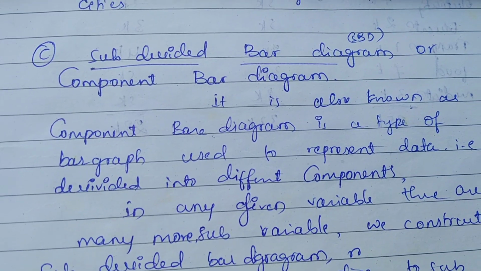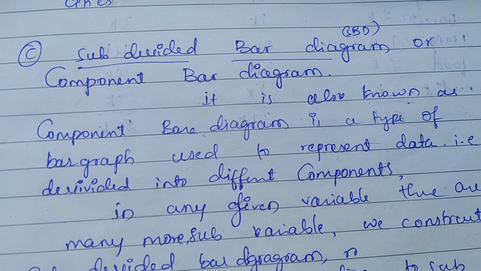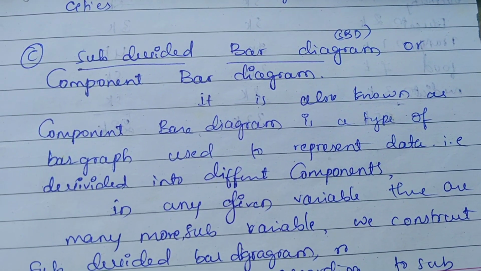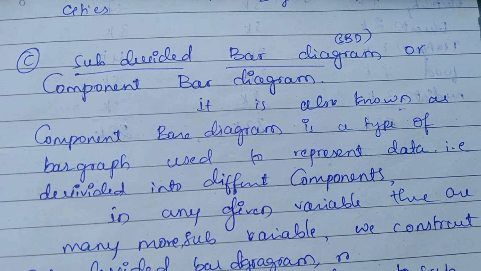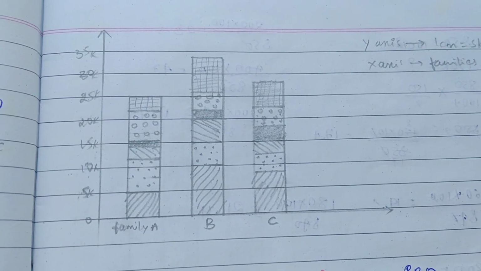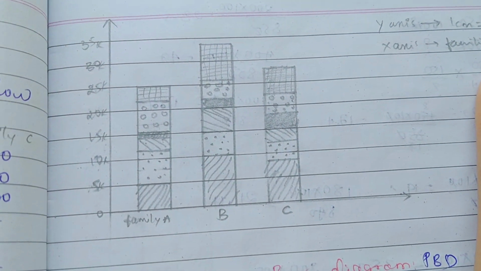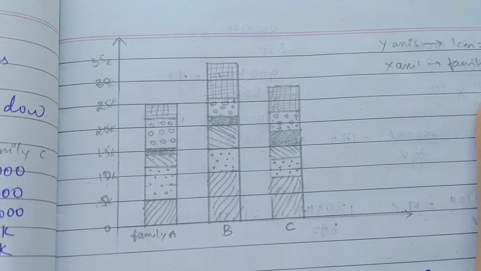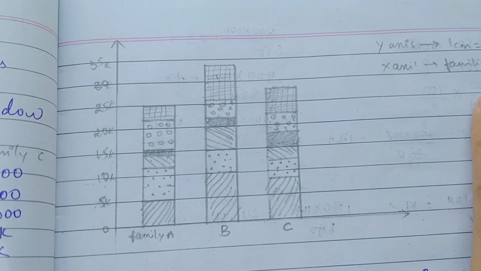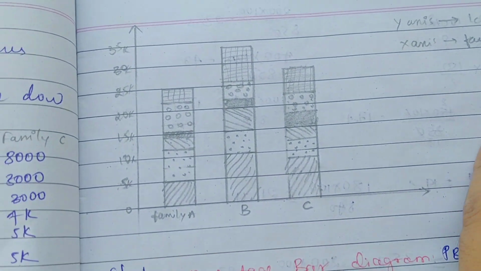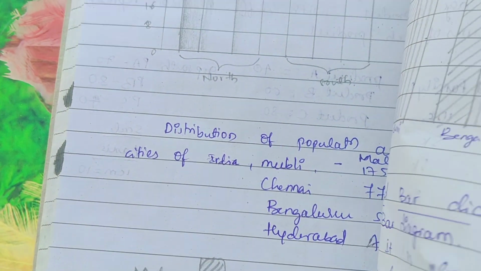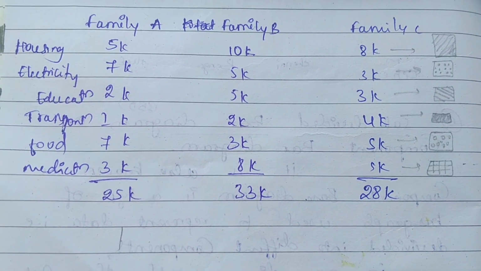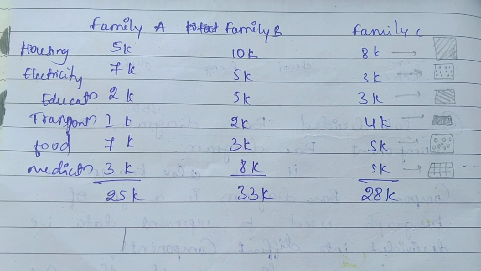Subdivided bar diagram, also known as component bar diagram, is a type of bar graph used to represent data that is divided into different components. Here this is an example of a subdivided bar diagram. Here on the x-axis we have family A, family B, family C and their expenses.